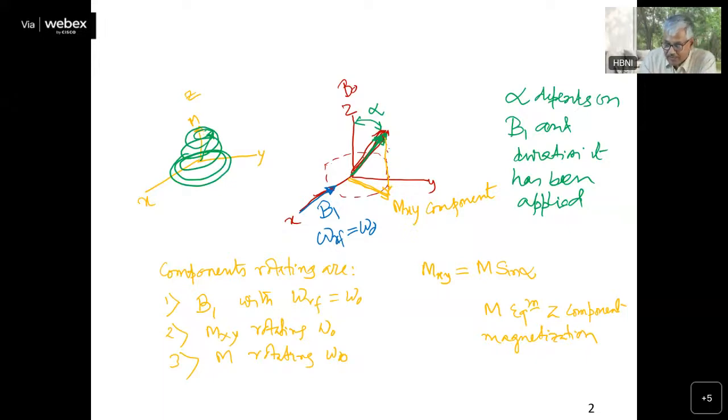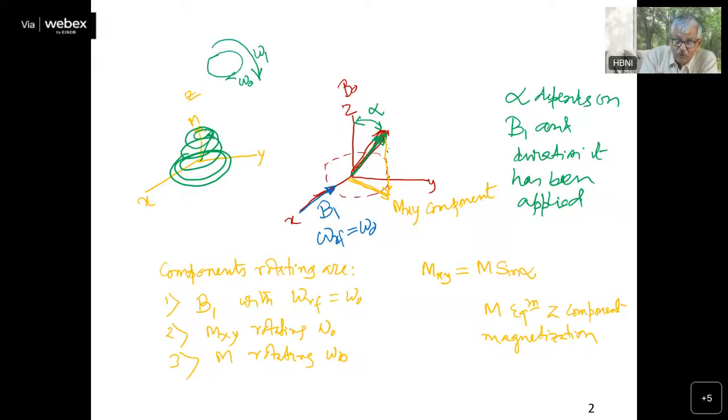Magnetization is rotating at a speed of omega 0, and your applied field is rotating. So there are two things. One is that the applied magnetic field is rotating in this direction with a frequency of omega 0, and another is rotating in this direction with a frequency of omega 1.